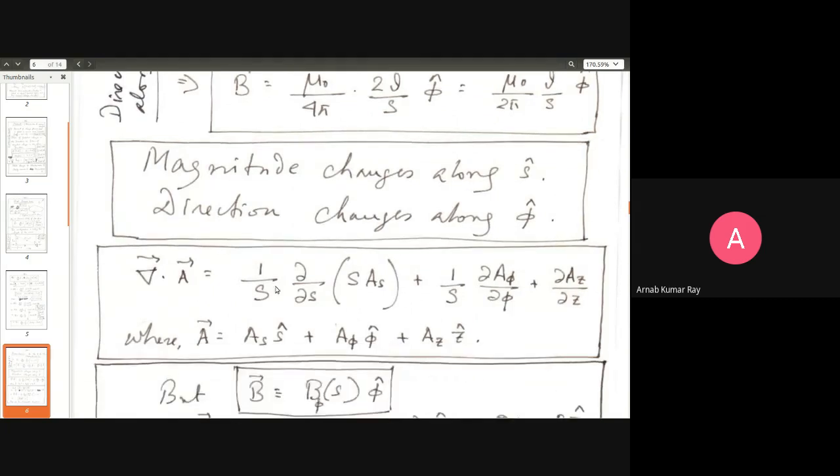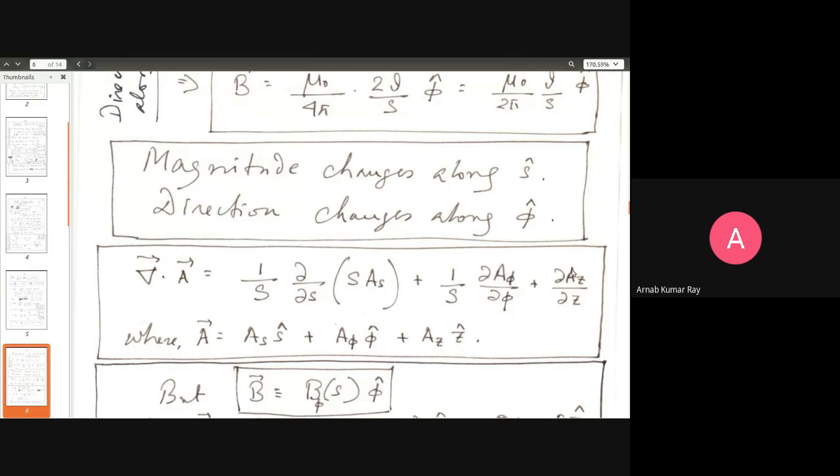In cylindrical coordinates, given a vector A, the divergence of the vector is given as 1 upon S del del S of S into A subscript S, A subscript S is the S component of A, plus 1 upon S del A phi del phi, plus del del Z of A Z.